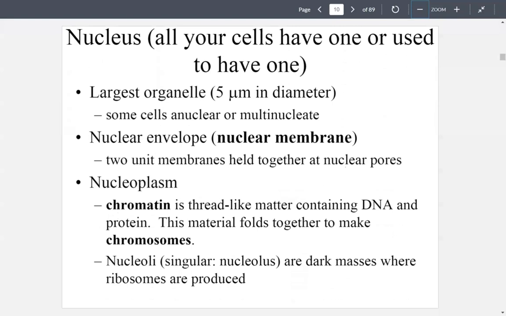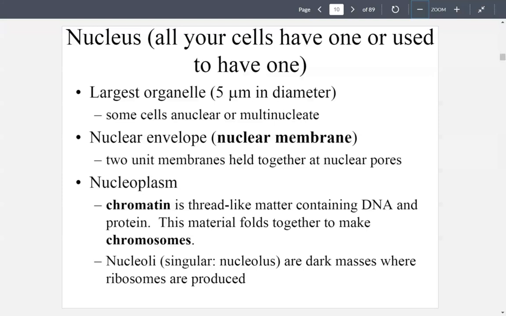The nucleus is surrounded by a nuclear envelope, also referred to as the nuclear membrane. This is a phospholipid membrane that has what we call nuclear pores. Nuclear pores are what enable substances, including water, to move in and out of the nucleus.